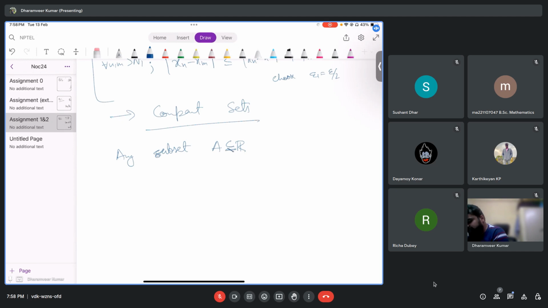This is how you write it. A subset of R is compact, and whenever there is if and only if, that could be the definition, if the subset is closed and bounded.